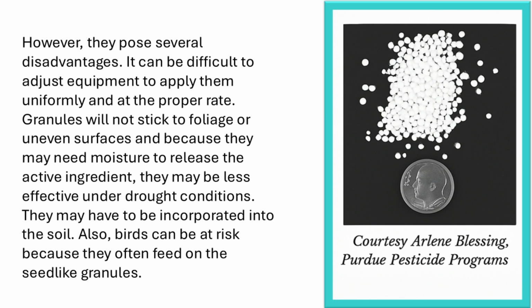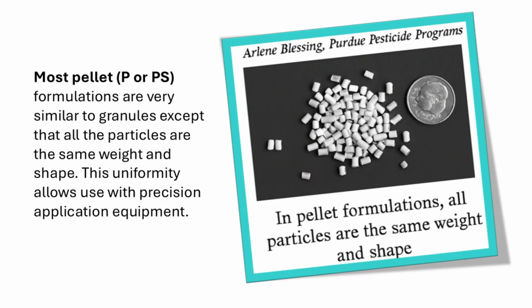They may have to be incorporated into the soil. Also, birds can be at risk because they often feed on the seed-like granules. Most pellet, P or PS, formulations are very similar to granules except that all the particles are the same weight and shape. This uniformity allows use with precision application equipment.